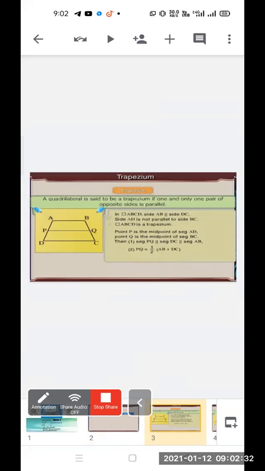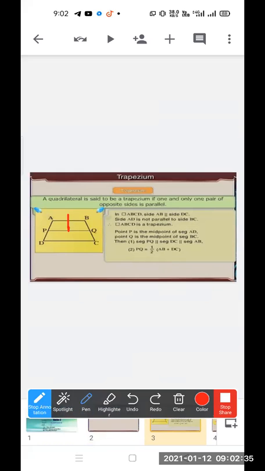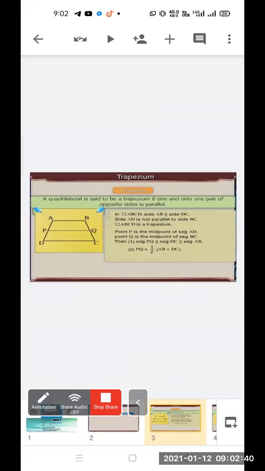The other sides, side AD and side BC, are not parallel, and these are called the non-parallel sides. So if AB and DC are parallel, then we can say that the given quadrilateral is a trapezium.